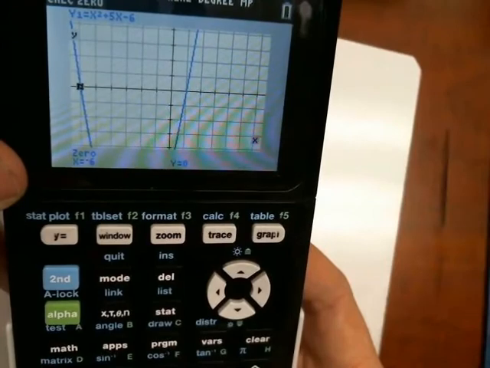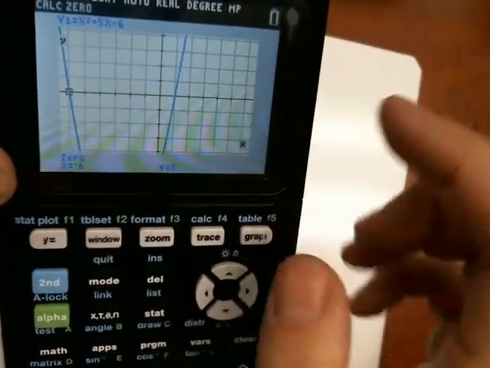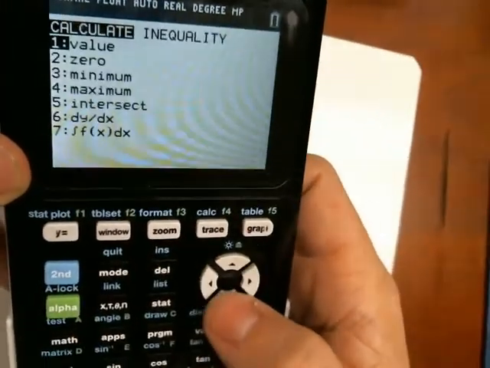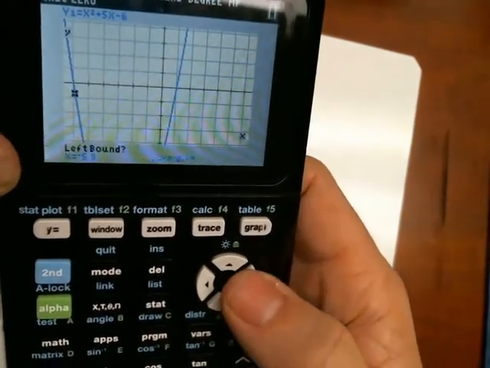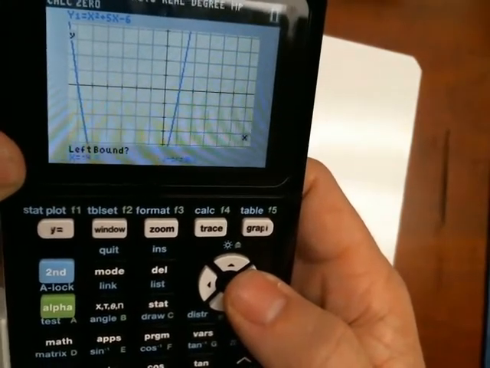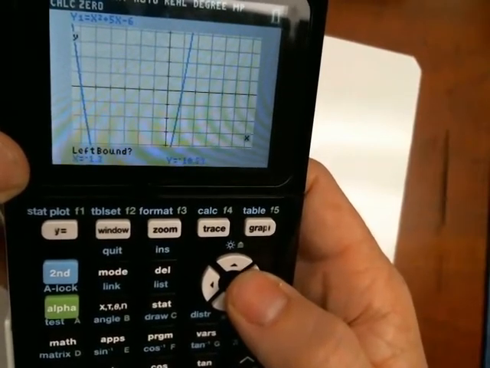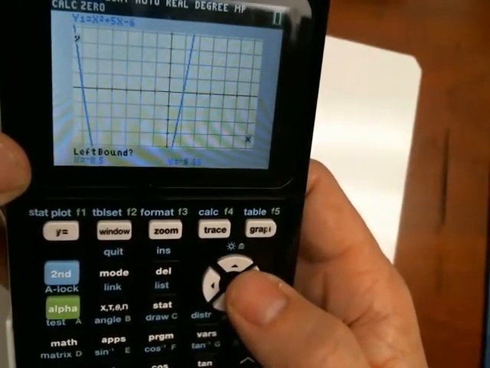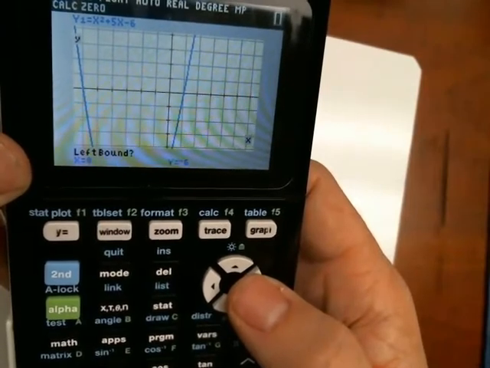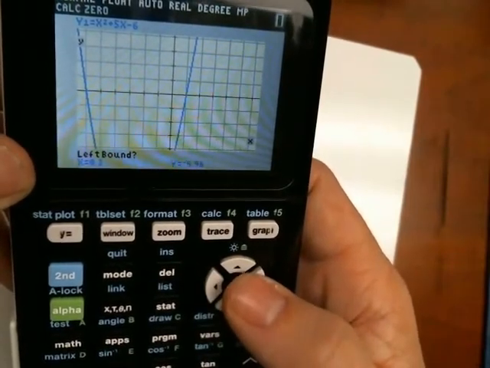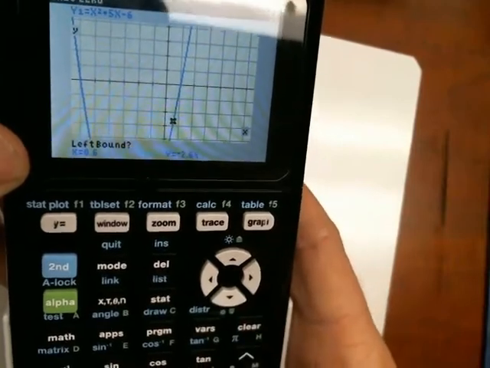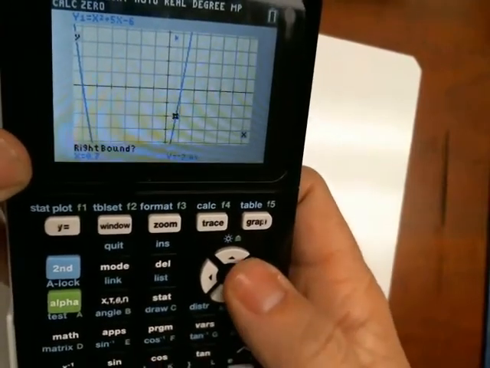That's when y equals 0. But there's another one over here, so we've got to do it again. Second, calculate, zero, but this time I'm going to scroll over closer to that other one. Okay, here it comes. Where's my cursor? There it is. Left bound, I'll start over here.